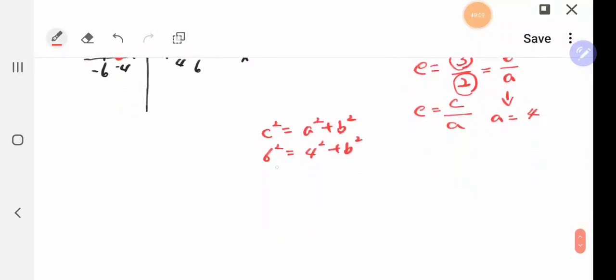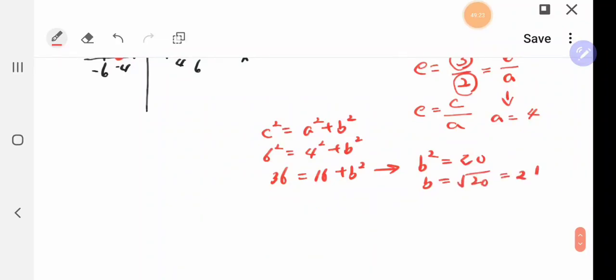So 36 is equal to 16 plus B squared. From this, B squared is equal to 20, so B is equal to square root of 20, which is 2 square root of 5.